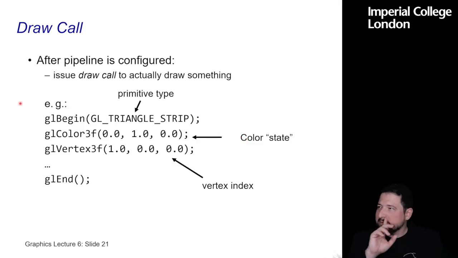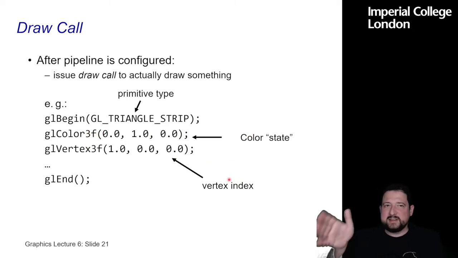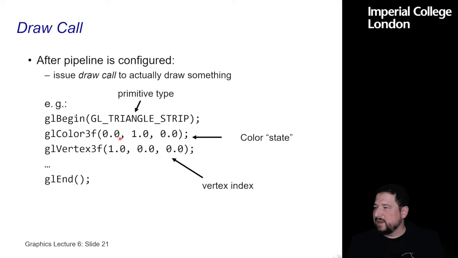So when that pipeline is configured, you can just issue these drawing commands. You wouldn't probably do it like that anymore, but you set the color state here, and then you issue the vertex, and that command goes out as an assembled graphics command to the graphics hardware.